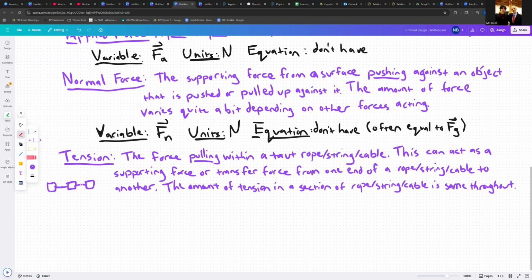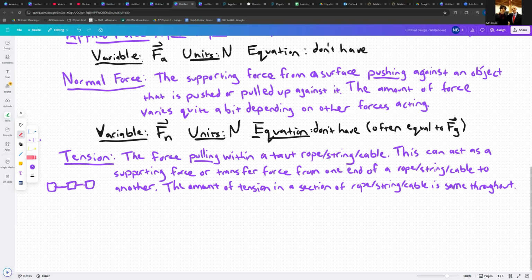And then the right one, maybe it's 12 newtons of tension. And that amount of tension, that force of tension, is the same throughout that section of rope or string or cable. So once you have a section of rope, string, or cable that's pulled taut, the amount of tension in that section is going to be the same at all points.